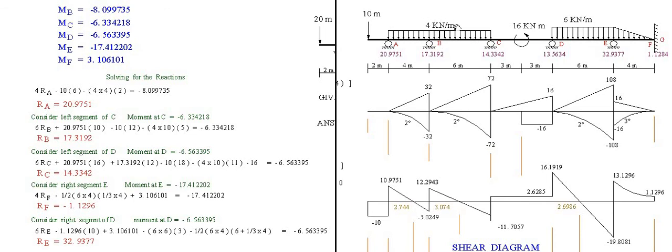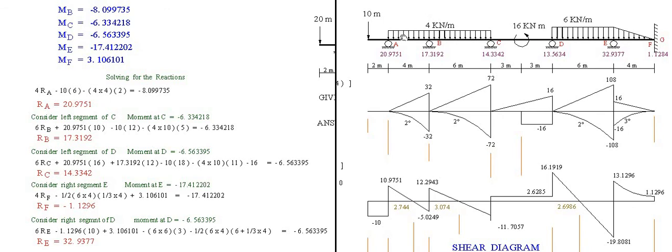There is a moment at B on the right, clockwise. Then the moment on the left is due to 10 and the uniform load of 4 and also RA.